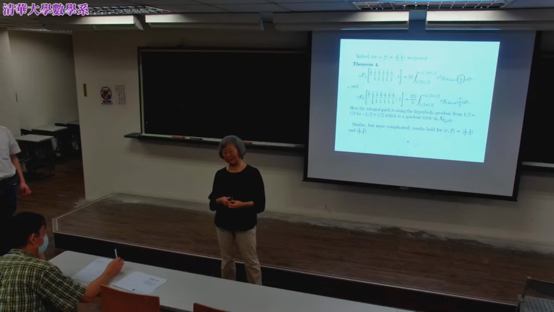I'm thinking whether you can use Ivan Yang's theorem, because it applies to a triangle group, and SL2Z is a group with signature 2, 3, infinity, so it is a triangle group.